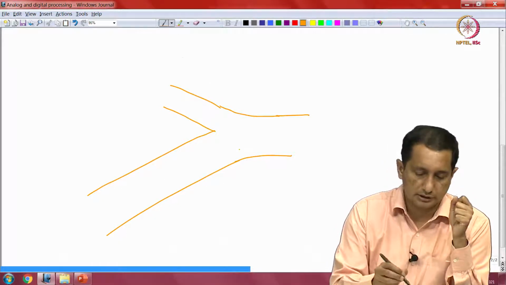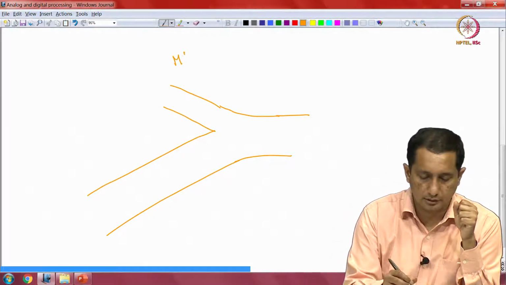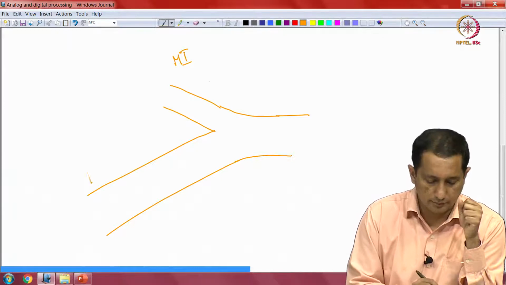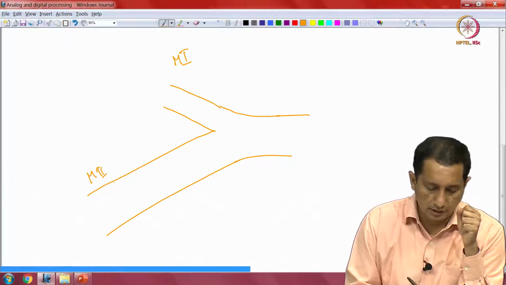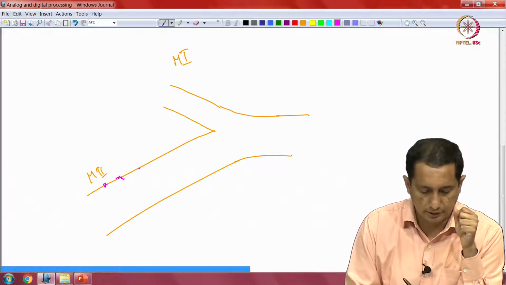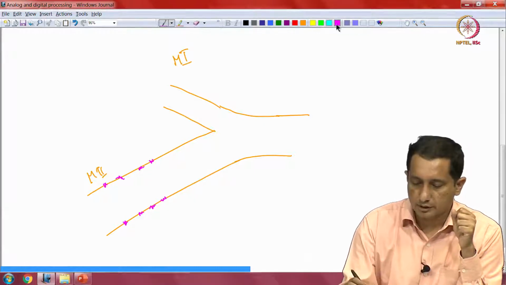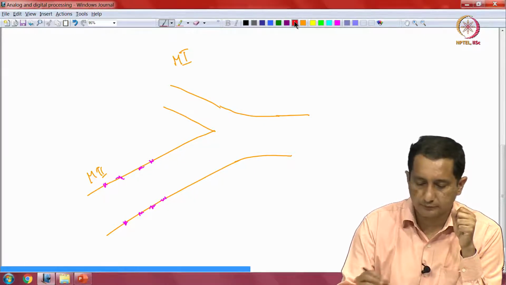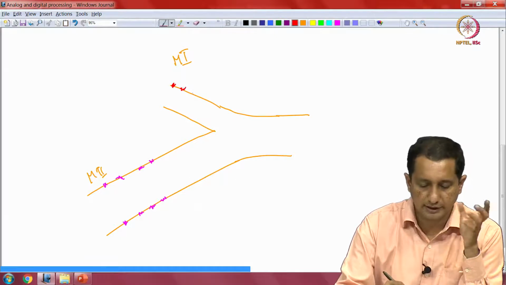Okay, so this is membrane 1 and membrane 2, and each of these has different kinds of channels on its surface, and those channels are responsible for different kinds of inputs. I think I have discussed this already.